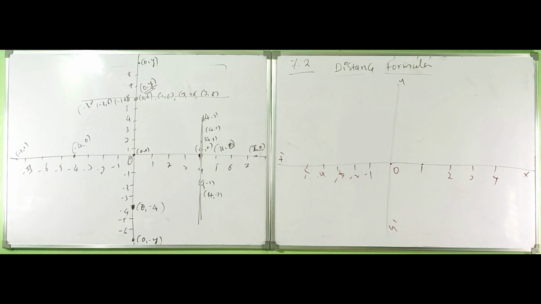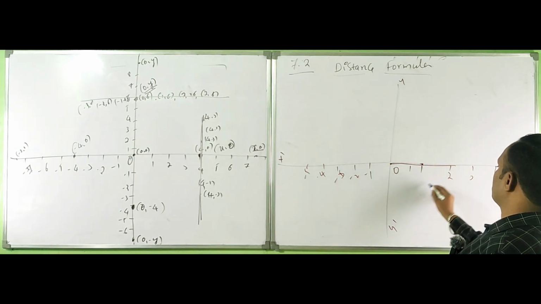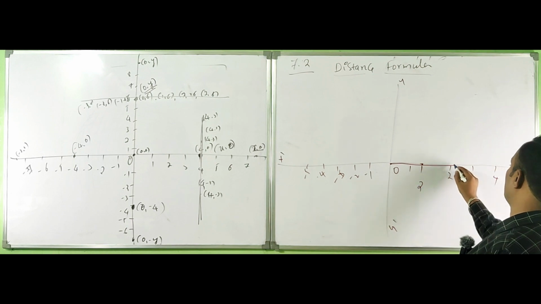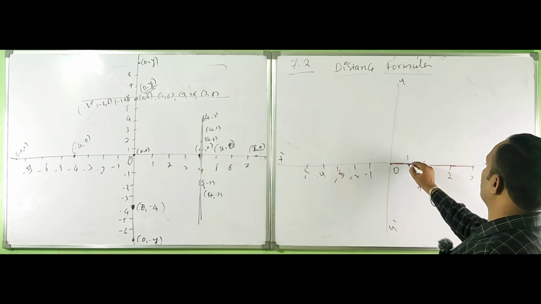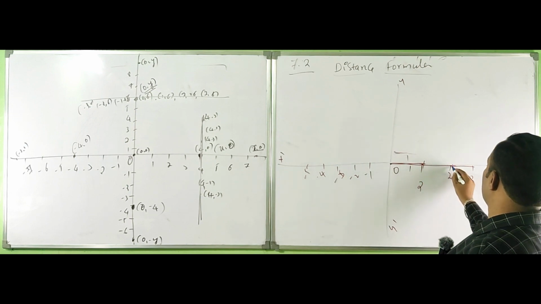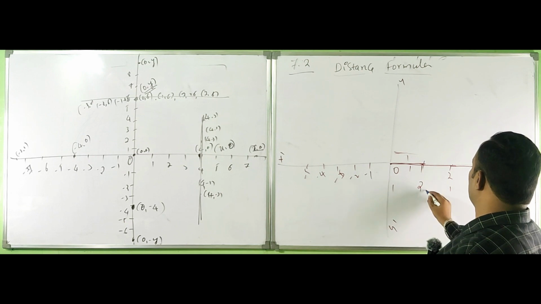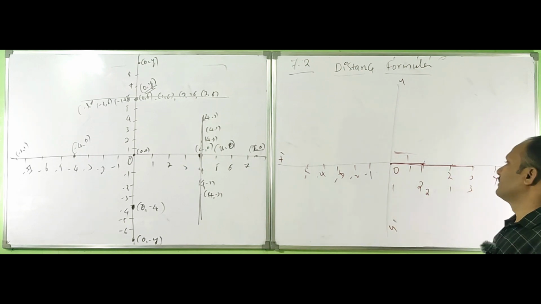If I want to find the distance between these, you can write 1. The whole distance becomes 2 here, and this one becomes 3.